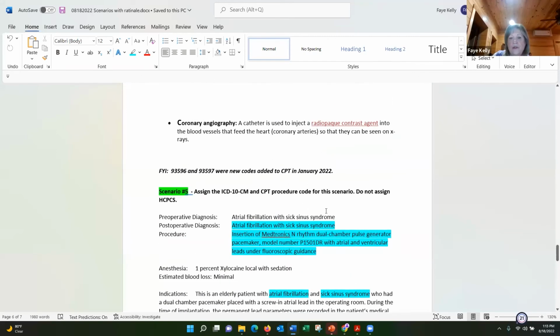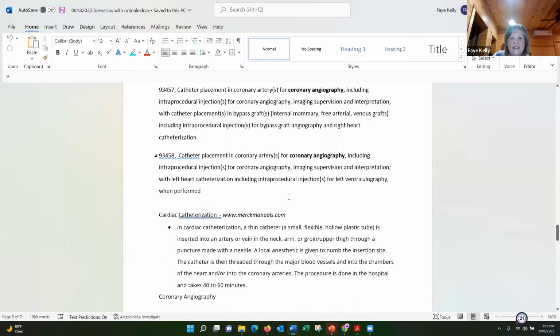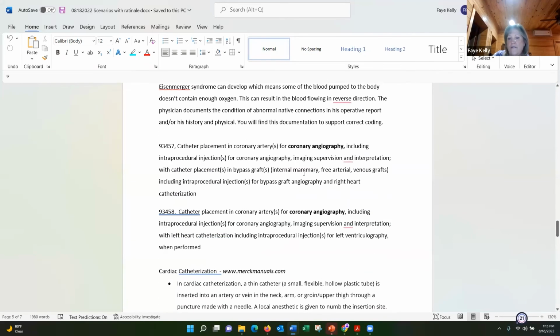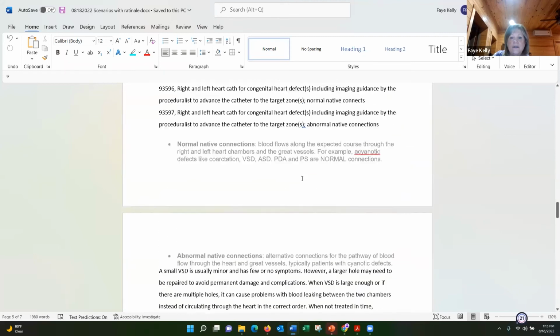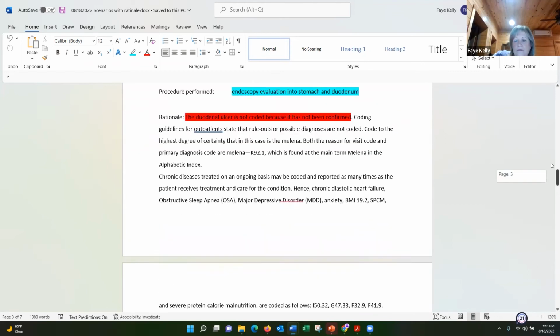I think there were a couple more notes of things to look for. Do some YouTube videos, understanding angiographies versus cardiac caths. Just a lot of notes I tried to put in here today.